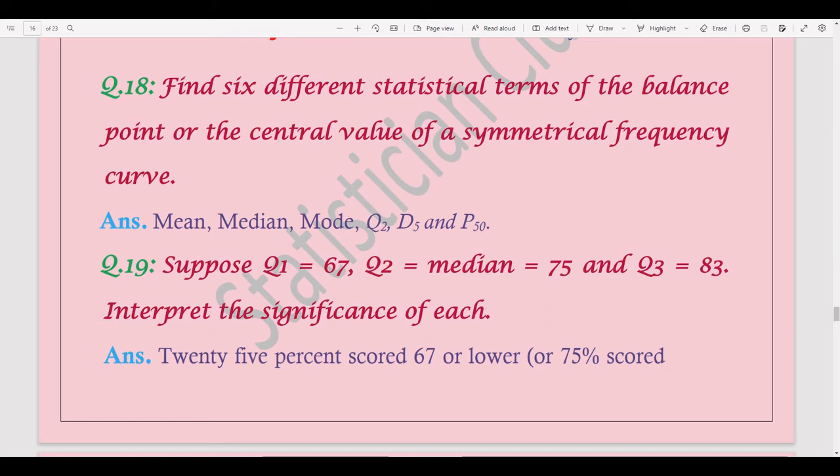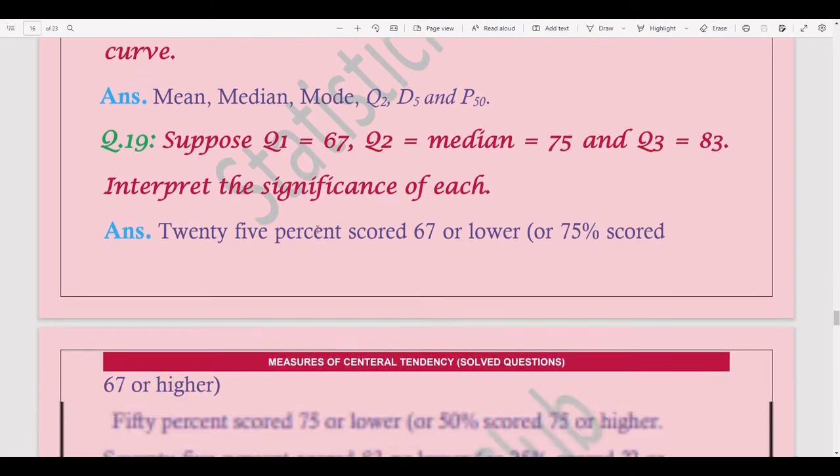And similarly P50, the 50th percentile, because percentile divides the data into 100 equal parts. So these are the 6 different statistical balanced points of the data. These are the balanced points because this is also half of the data set, and D5, quartile 2, and these are the 3 averages: mean, median and mode.